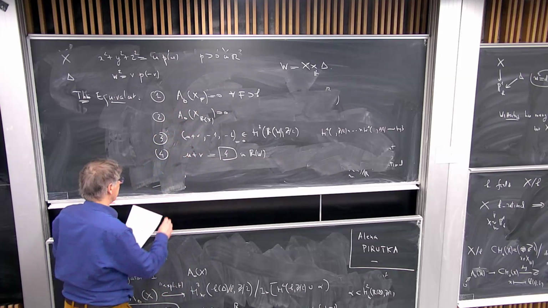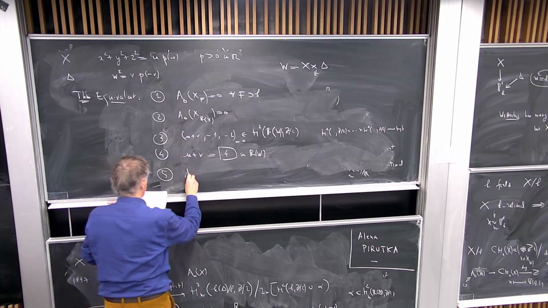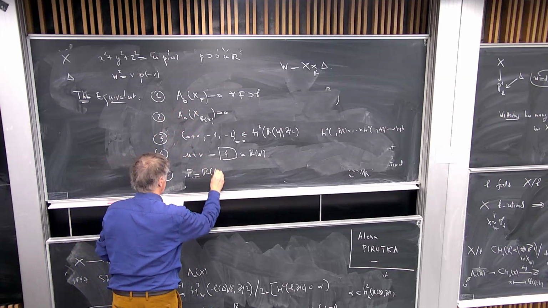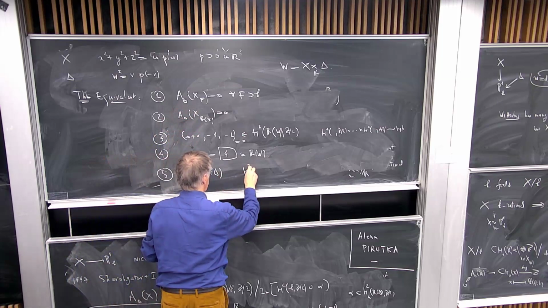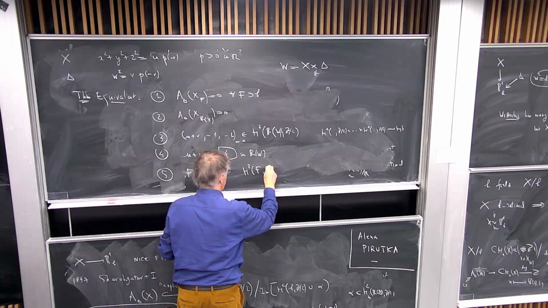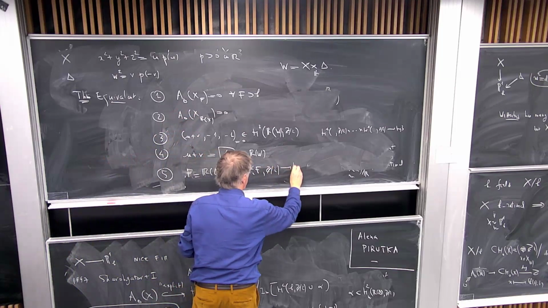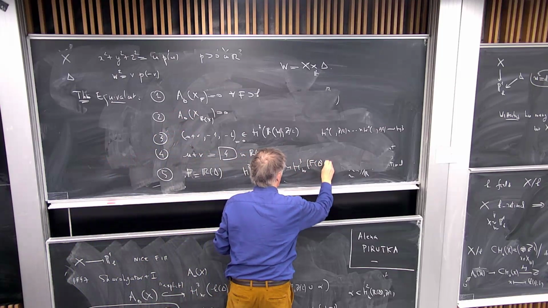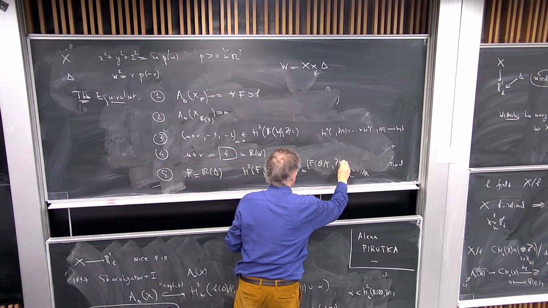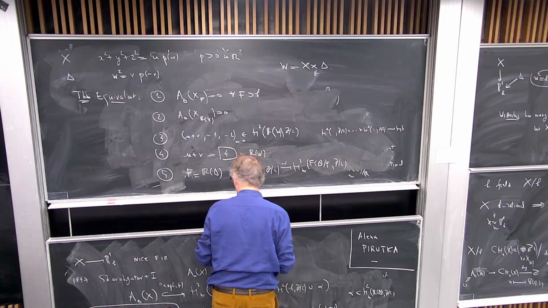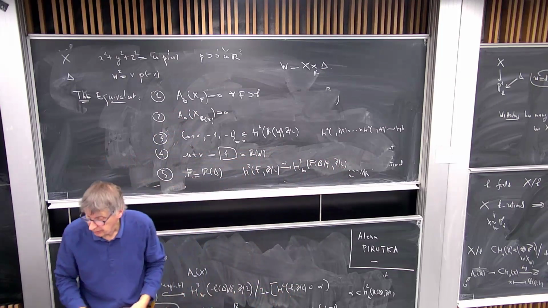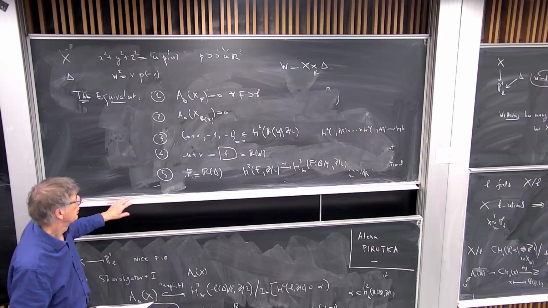And then there's a fifth condition, which is that I call F the function field of delta, the map from H3 of F, Z/2 to H3 unramified of F of delta, or F, Z/2 is an isomorphism.